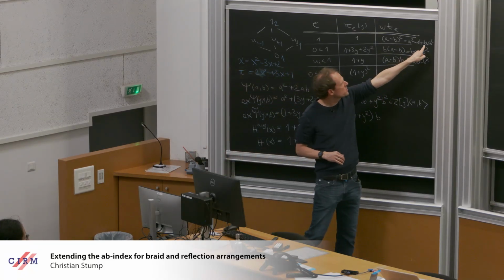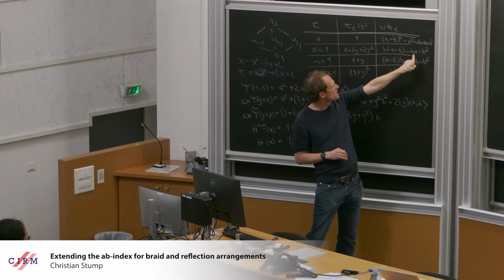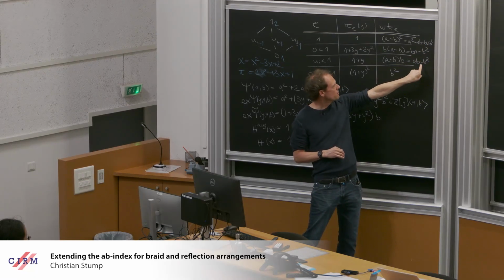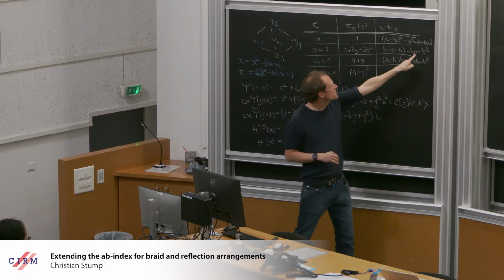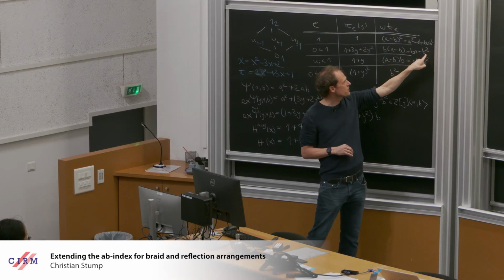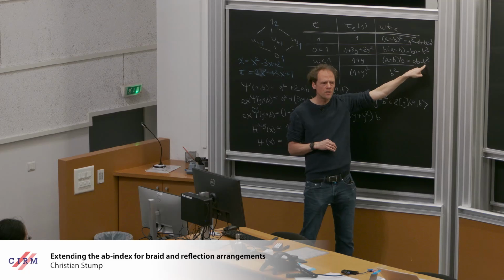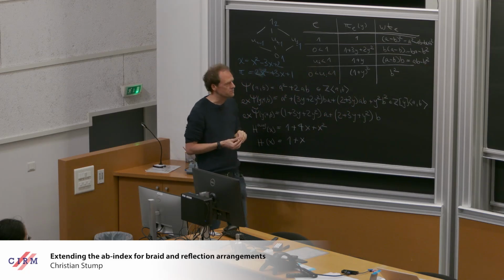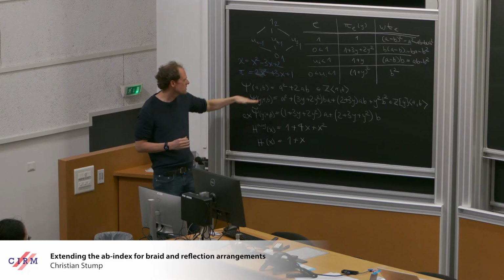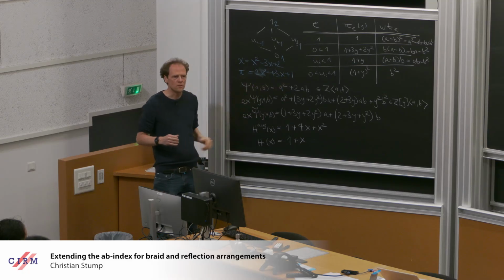Then we see a minus ba here. We see plus 3ba. Plus ba, so they both cancel. We see a b squared here. We see a minus b squared here. We see a minus 3b squared here. And we see a plus 3b squared here. So they also cancel. Okay? So this is how you get this polynomial.